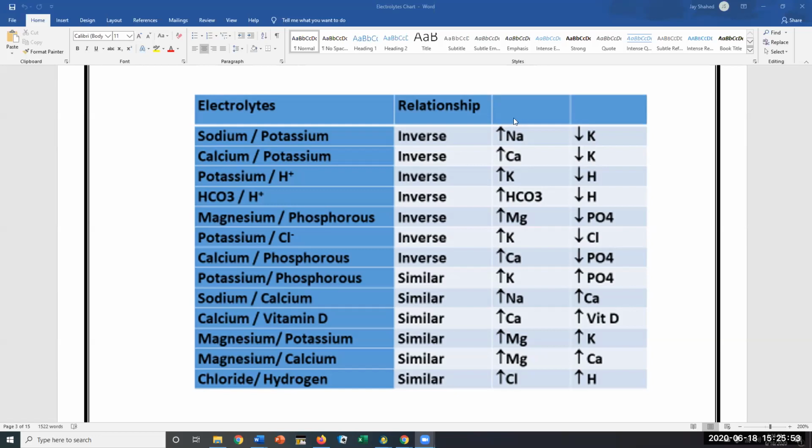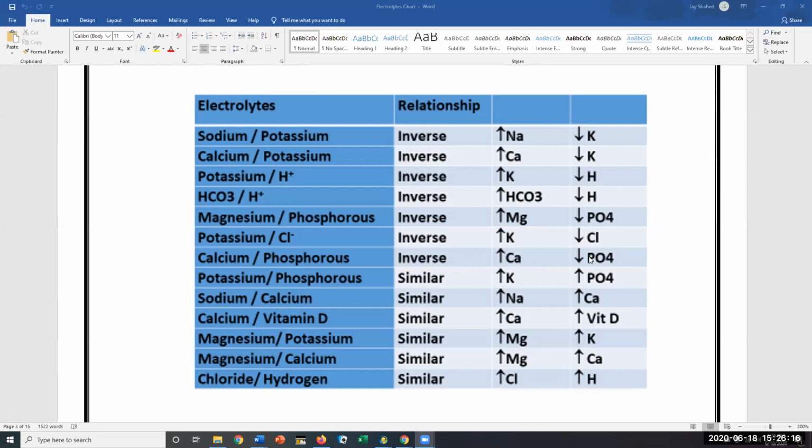So as far as you know one, you know the other one is going to go the same direction. So all these are going the same direction. As far as they go up, all of them, then they're usually together. Opposite would be a different story. All right, so these are inverse.